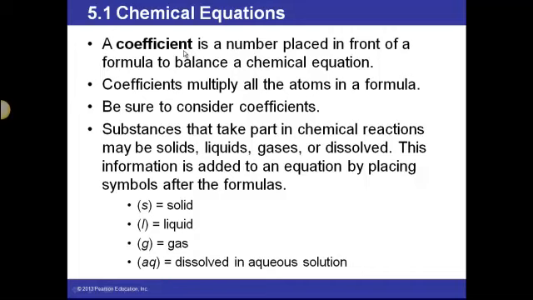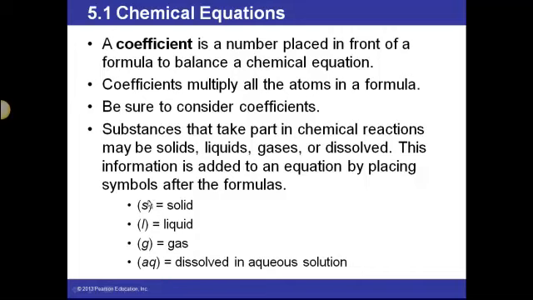So substances that take part in our chemical reactions can be in any of the three phases. They can be in the form of a solid, a liquid, a gas, or they can be dissolved, usually in water. This information is also added to our equation, and you'll see it by placing symbols after the formulas, and the symbols are always in parentheses.